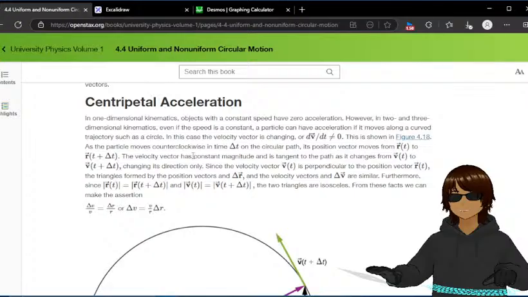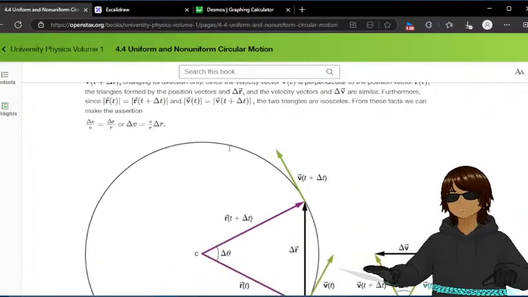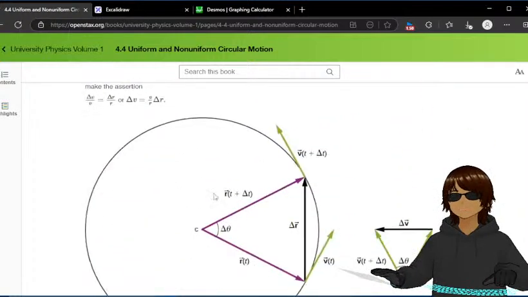The velocity vector has a constant magnitude and it's tangent to the path as it changes from v to v at t plus delta t. The velocity vector has a constant magnitude. So we made the assumption that we are talking about a case where the magnitude of the velocity is constant.